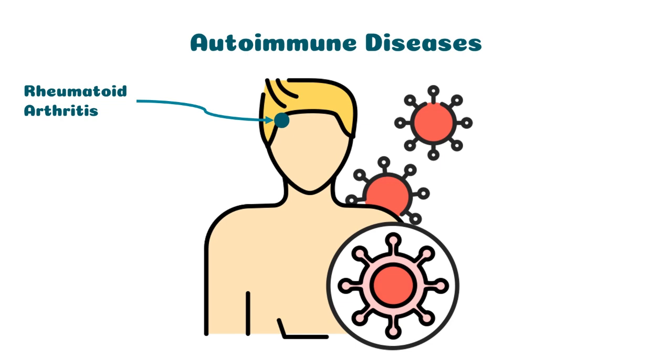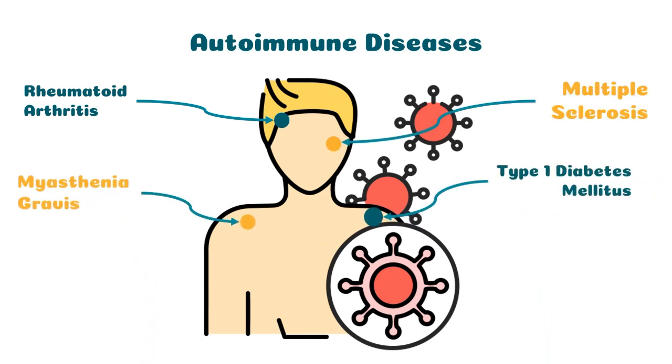We have seven autoimmune diseases. We have rheumatoid arthritis, in which the joints are destroyed by our immune system. We have myasthenia gravis, in which antibodies are produced against the acetylcholine receptor in the neuromuscular junction, so they mainly interfere with muscle contraction.